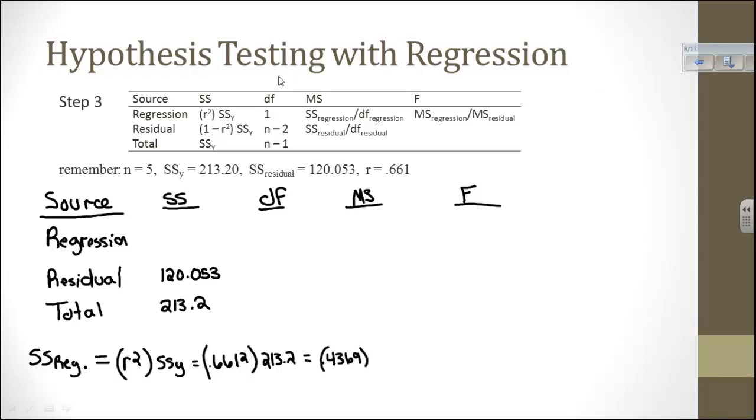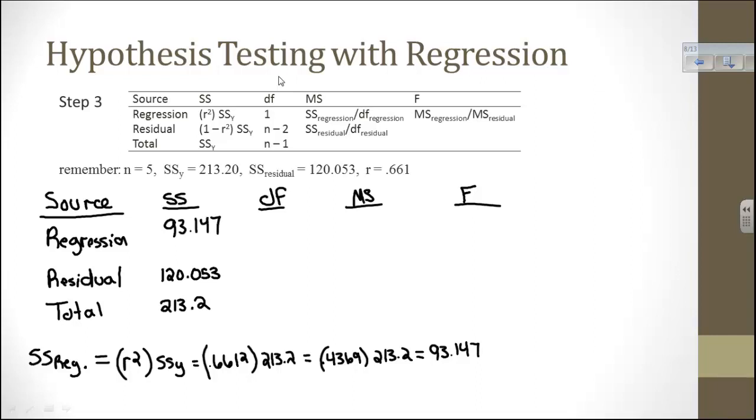Multiply that by 213.2. And you end up with the sum of squares regression of 93.147. So plug that into your table, 93.147.